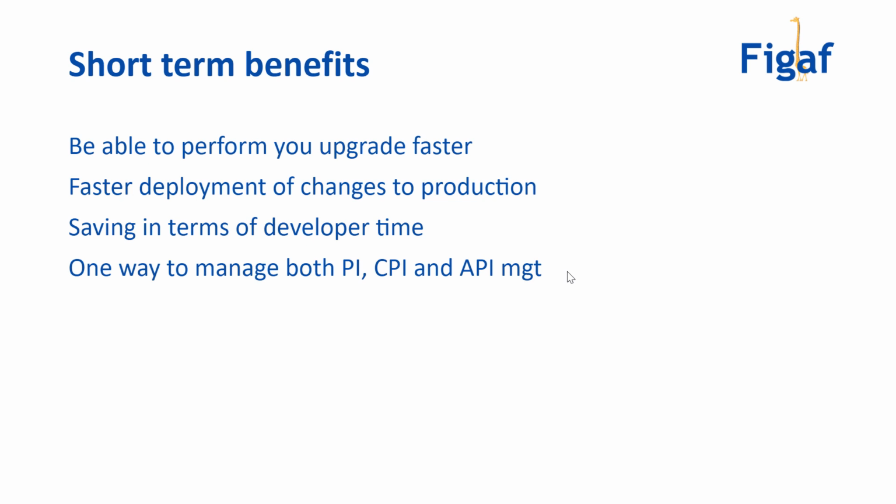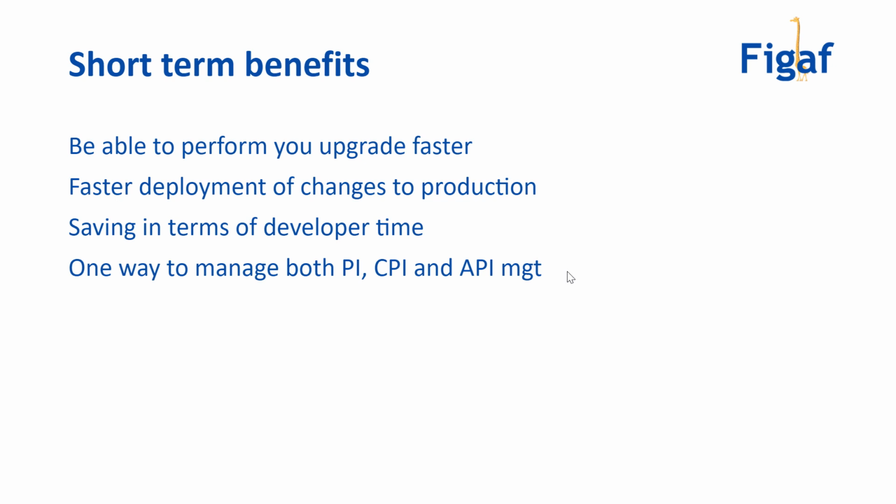Short term, if you're planning on doing an upgrade, you would be able to do that faster, because you have test data in the PI tool that you can just connect and start up with.